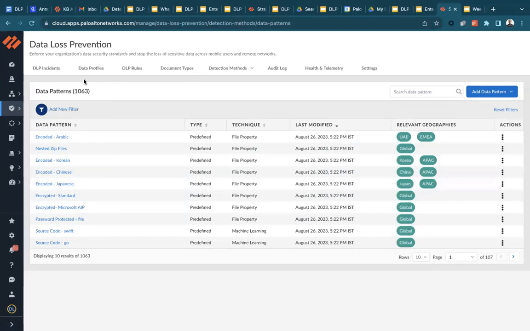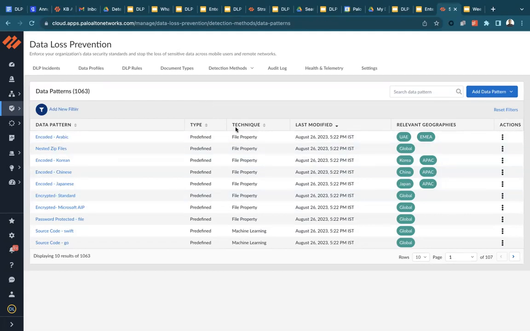It's basically distributed and organized in a few ways. We have a few detection techniques, and we also have document types and custom document types, which we're going to talk about in this session as well. And then you can construct data profiles, which are a combination of most of these patterns, data patterns, as we call them. So this is the basic taxonomy that we have over here for our DLP detection engine.